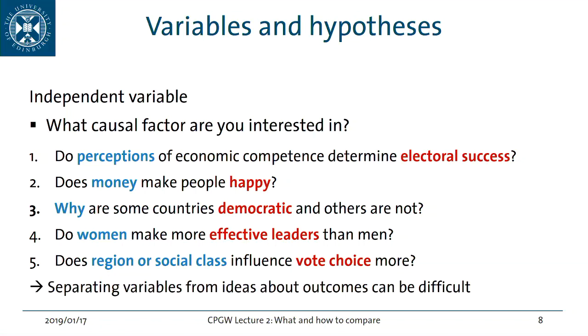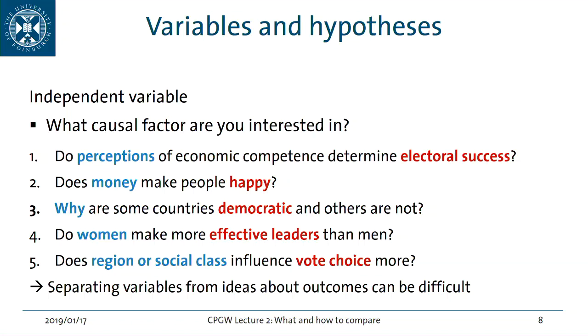So sometimes though, and this goes back to the role of theory, separating our variables from our ideas about the world can be difficult. So, of course, to come up with the question, do women make more effective leaders than men?